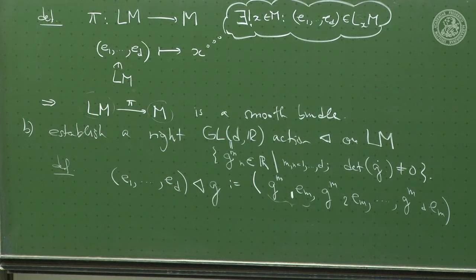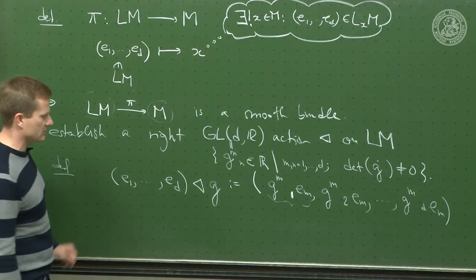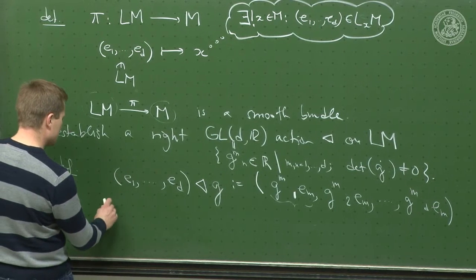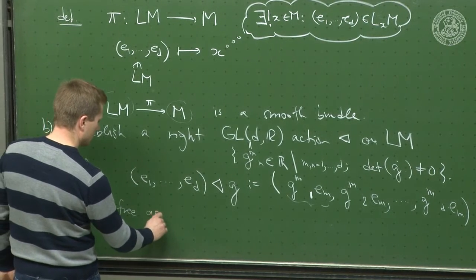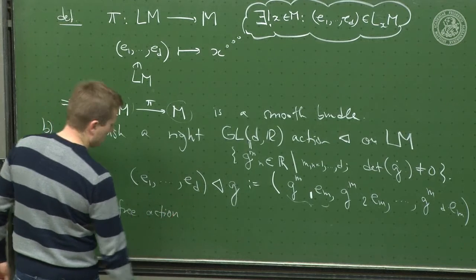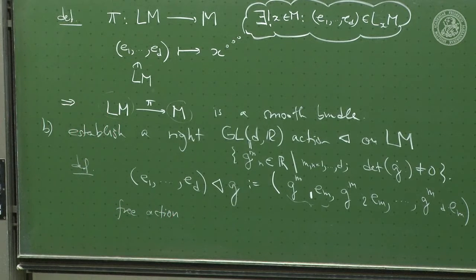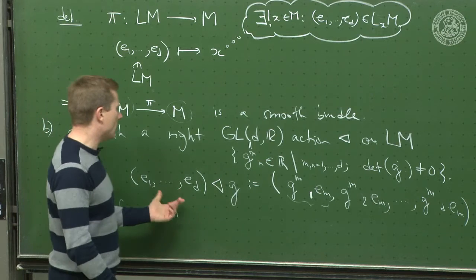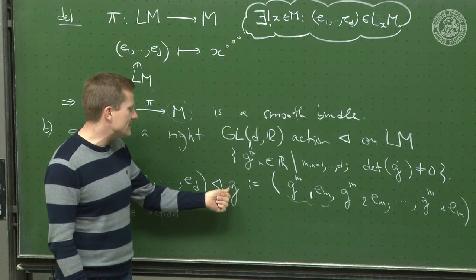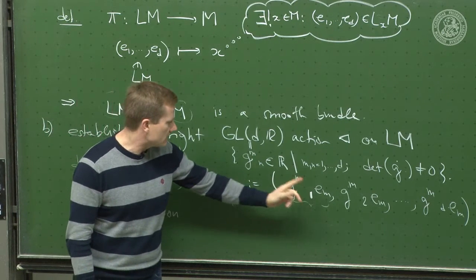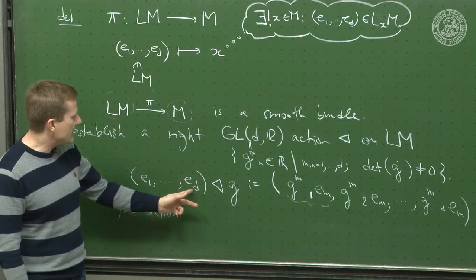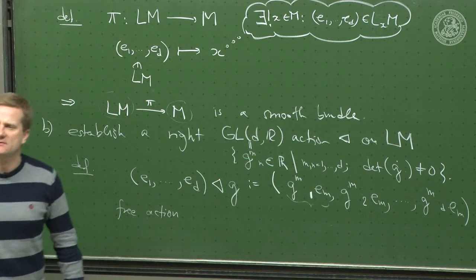Aha, good. So it's a right action, but the question is whether this is a free action. What was a free action? A free action is one which at any point is such that only the identity, that would be the delta^m_n here, keeps this thing unchanged.